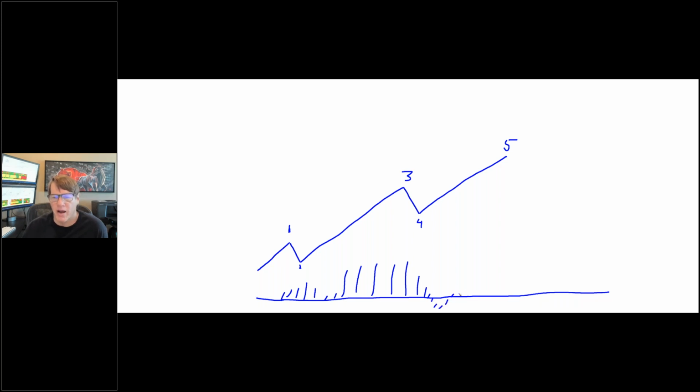And then you have wave 5, and the wave 5 owl cannot exceed the height of the wave 3 owl. And then it comes down. Once you reach the target zone for wave 5 and this goes red again, at that point you can assume with probability that the trend is done.